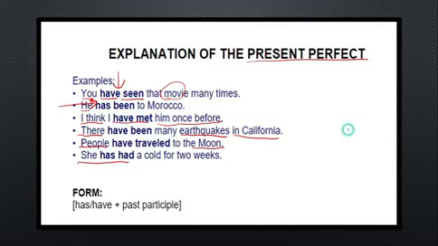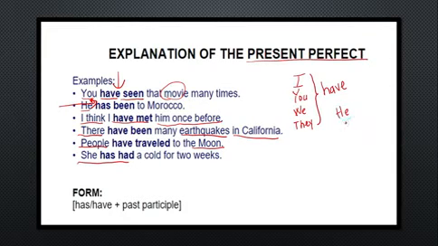You have, for example, the pronouns I, you, we, and they, and you must use the auxiliary have. And if you have the pronouns he, she, it, then you must use the auxiliary has.